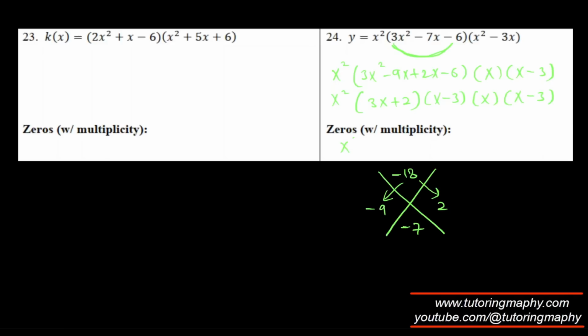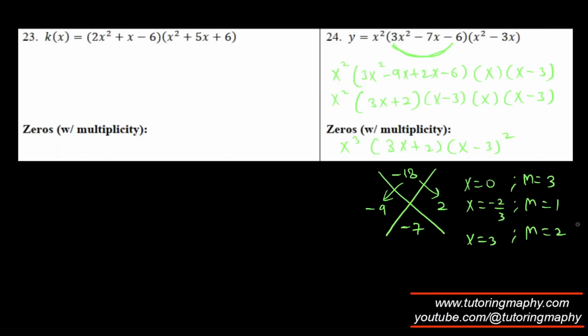And then club the terms, it will become x cubed times 3x plus 2 times x minus 3 whole square. So the roots are x is equal to 0, x is equal to negative 2 over 3, x is equal to 3. The multiplicities are 3, 1, and 2.